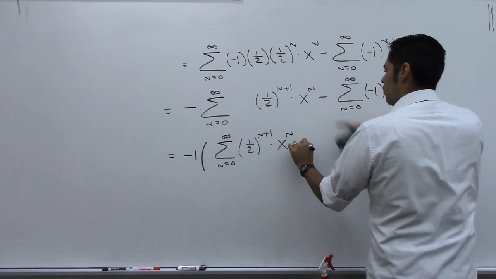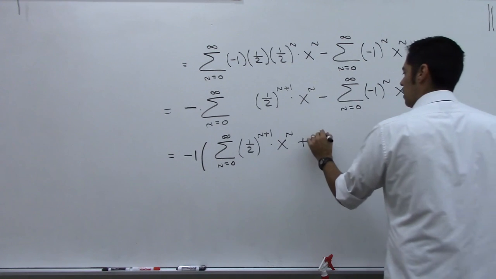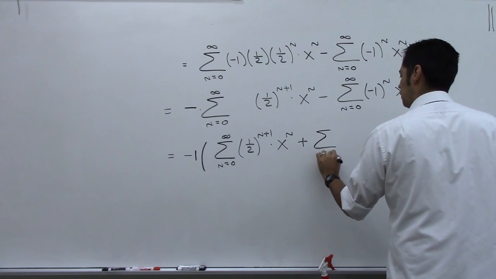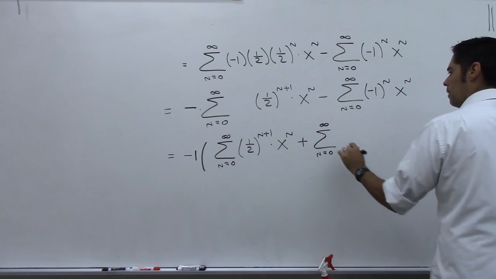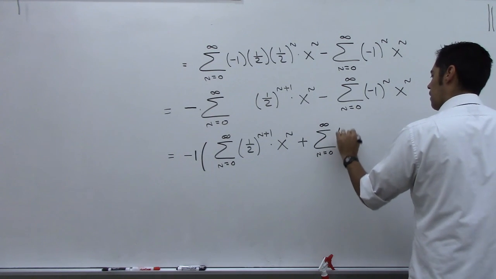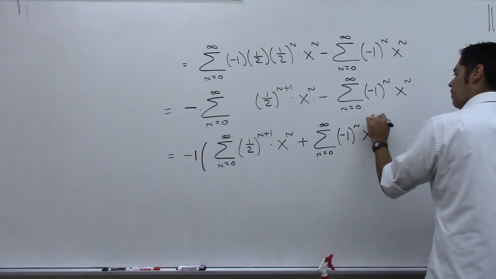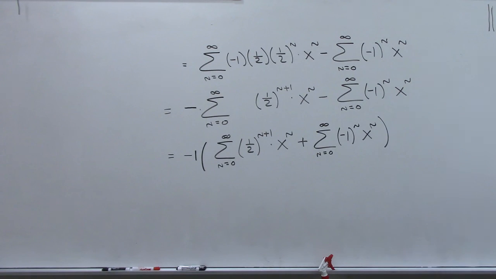And now this negative 1 came out, so it's plus this sum. Like that. All right. And then what I need to do is try and put those two together.